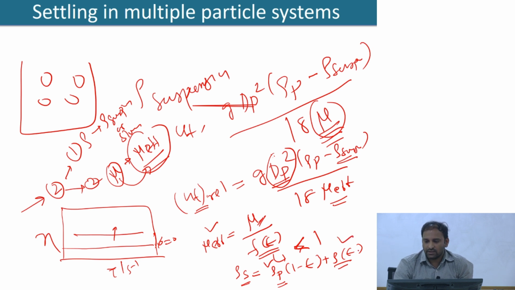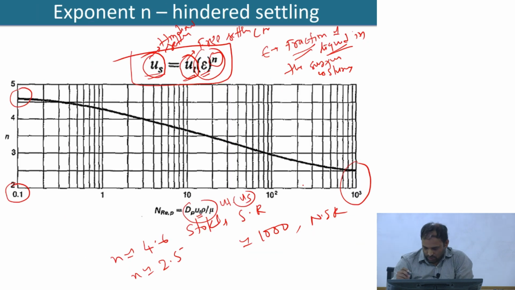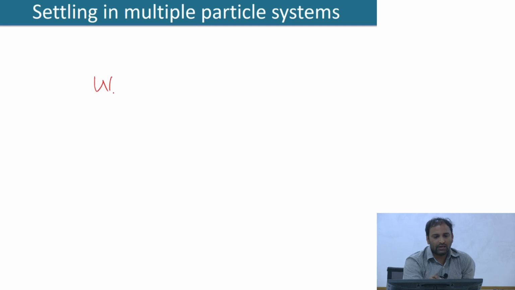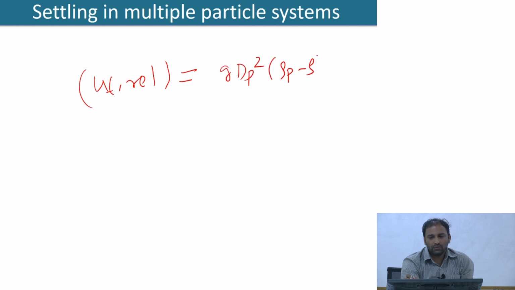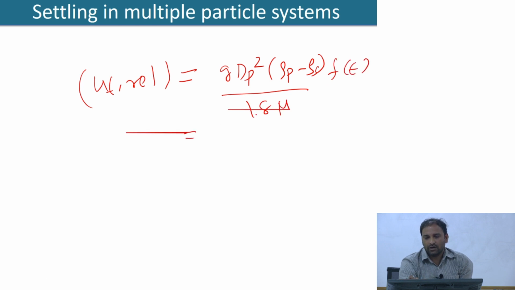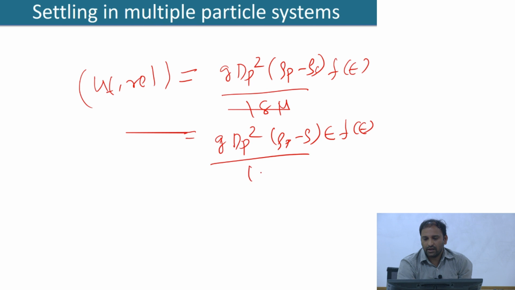So if I substitute these into this equation, it turns out that your ut relative would go as g dp square into rho p minus rho, where I had rho of suspension, divided by 18. Your mu effective becomes f of epsilon here. If I work it out, it becomes g dp square into rho p minus rho into epsilon into f of epsilon, divided by 18 mu.